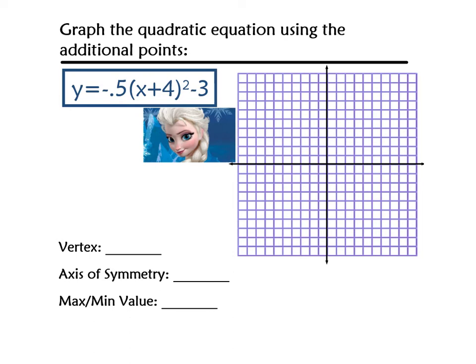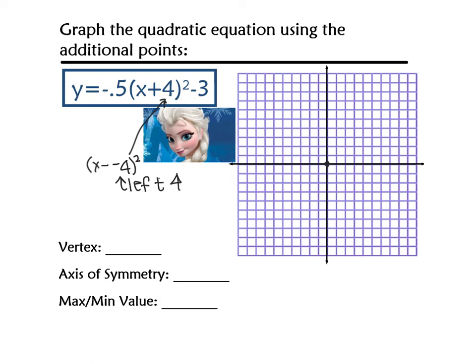Okay, so hopefully you had some time to attempt this. Remember, typically y equals x squared starts at 0, 0. So I'm just going to put a point there, and then I come over to my equation and I'm going to read what's happening. So for my h value, I'm seeing a positive 4. The formula is actually written as x minus, and so what that means is this is really a negative 4, and that means I should be moving left 4.